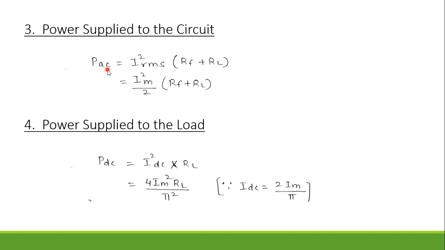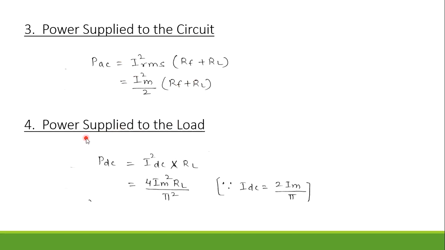So the input or AC power is equal to I square RMS into the total resistance applied to the circuit, that is RF plus RL. So this becomes Im square upon 2 into RF plus RL. That gives the power supplied to the circuit, which is the AC power.